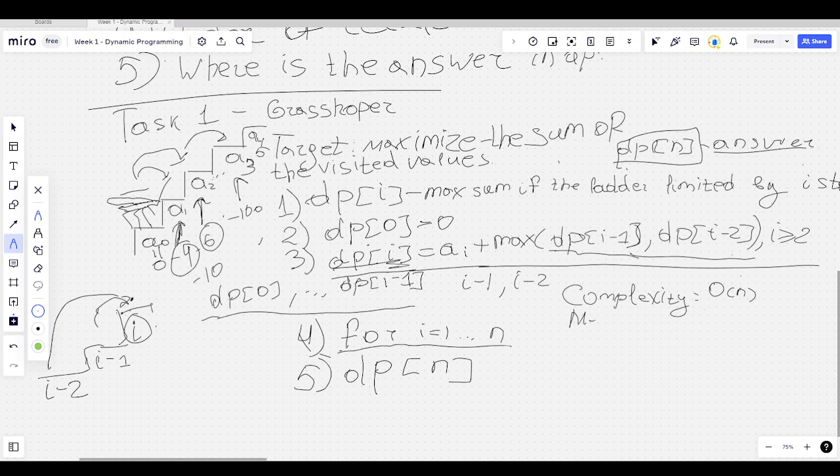And the memory of this algorithm will be O(n), but it can be improved. We don't need to store all the values. In each iteration, we need to know only this value and this value. So the memory can be improved to O(1).